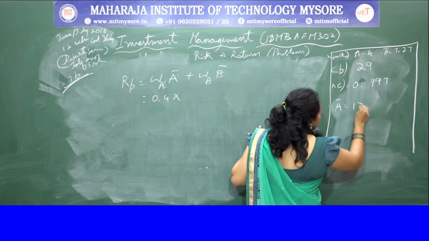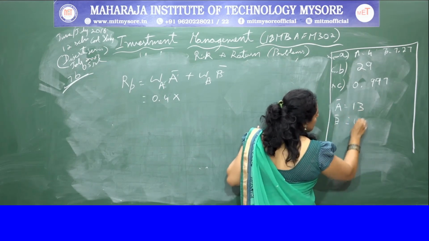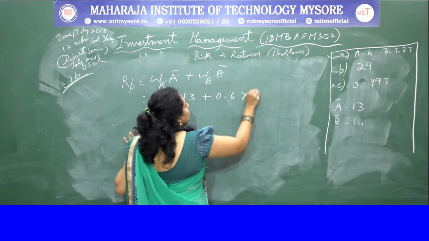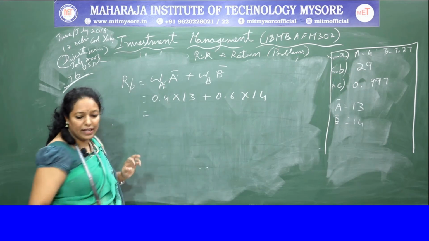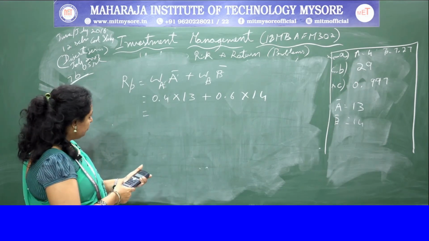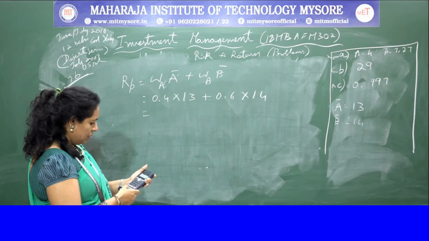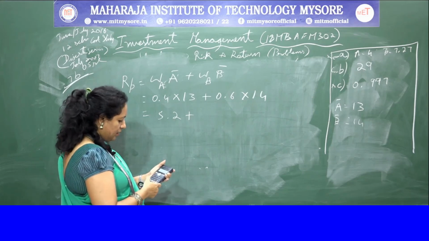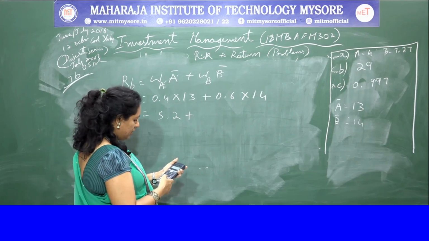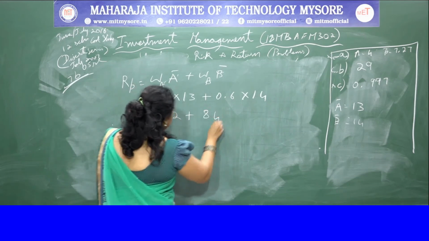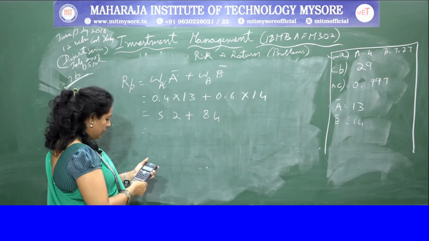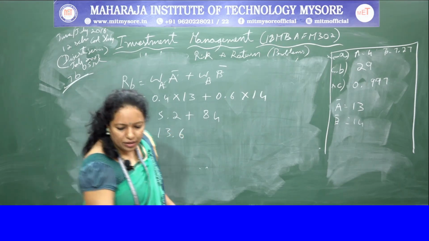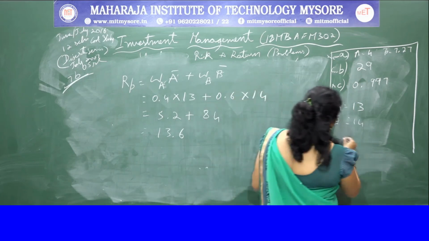A bar is 13 and B bar is 14. So 0.4 into 13 plus 0.6 into 14. Let's multiply these two. 0.4 into 13 you get 5.2, plus 14 into 0.6 you get 8.4. Let's add these two. You get 13.6.